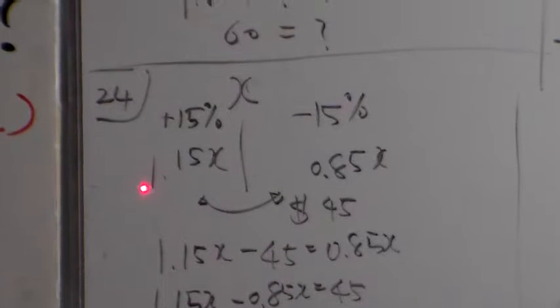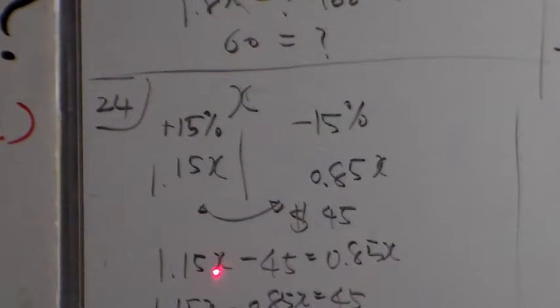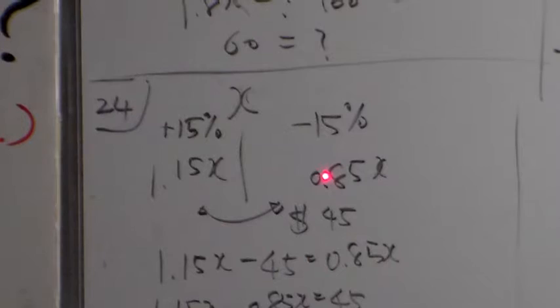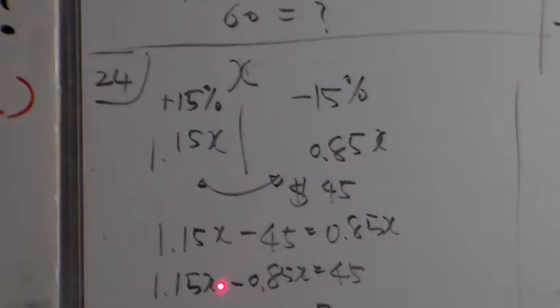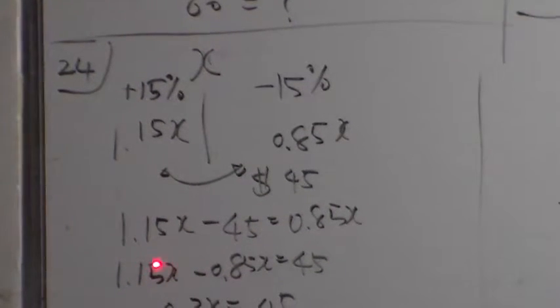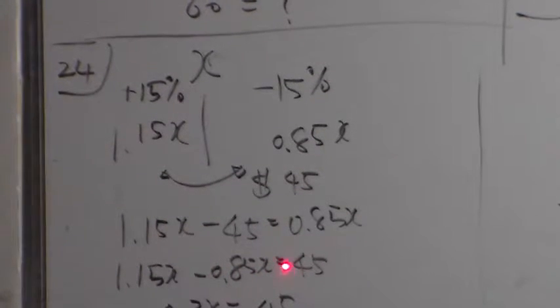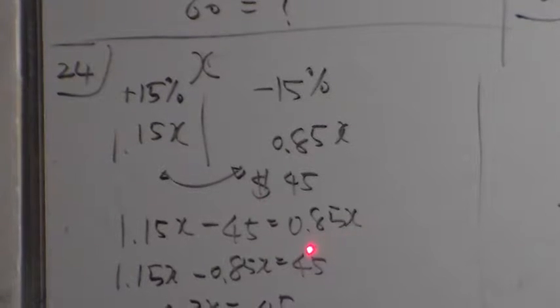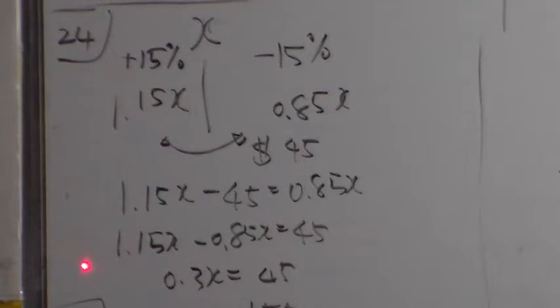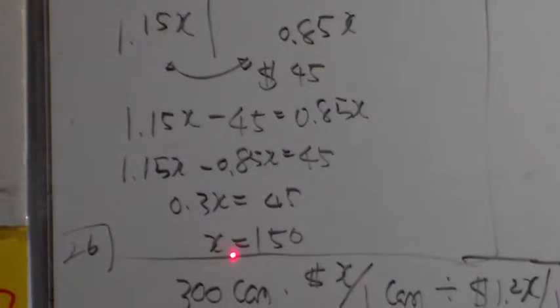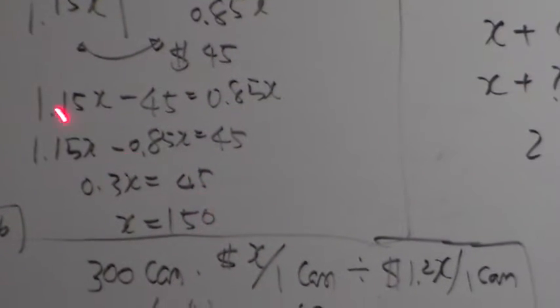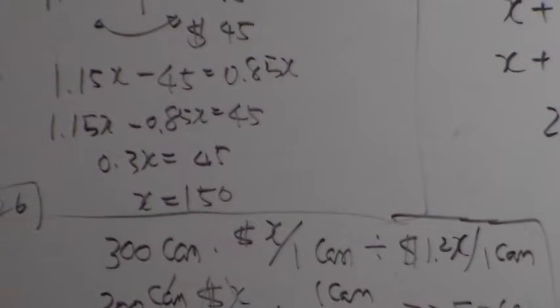That means this price minus $45 is the same as 0.85 times x. So we move this part over there. Then 1.15x minus 0.85x is 45. This difference is 0.3x is 45. So x is 150. Okay, number 26.